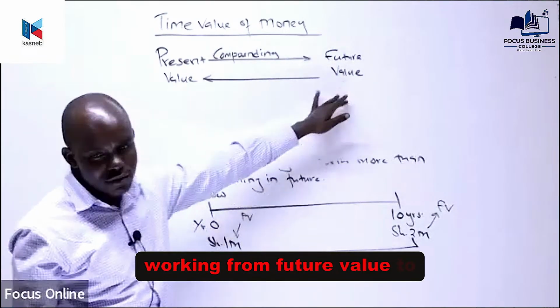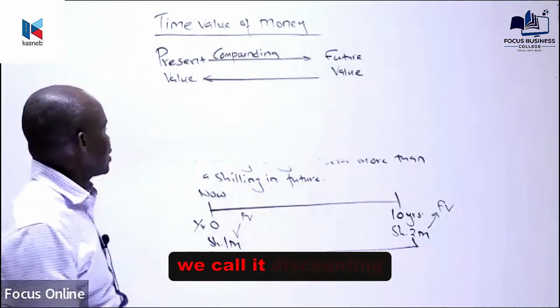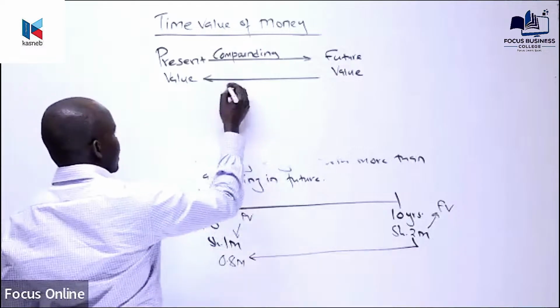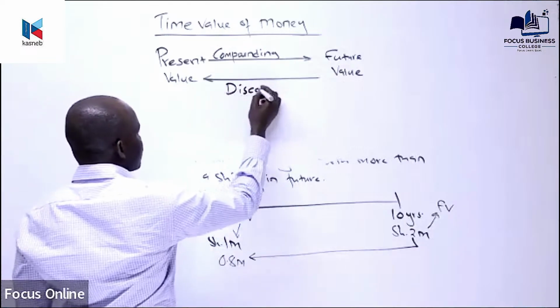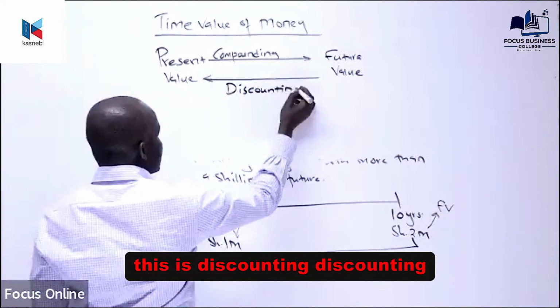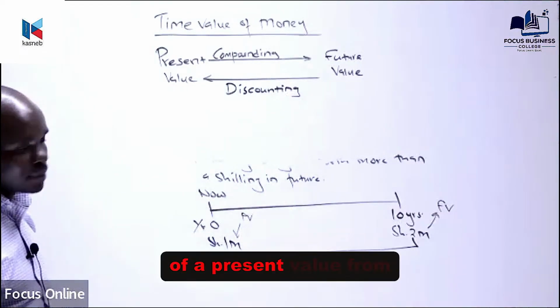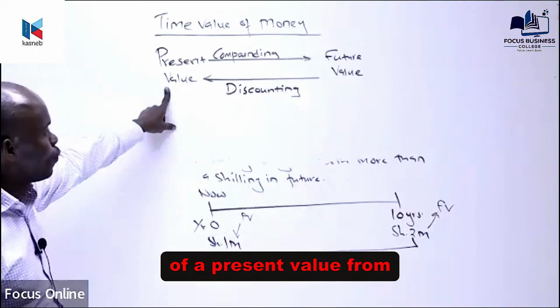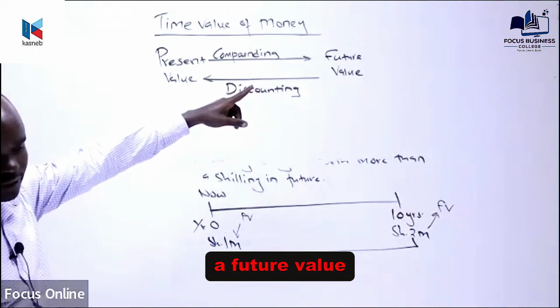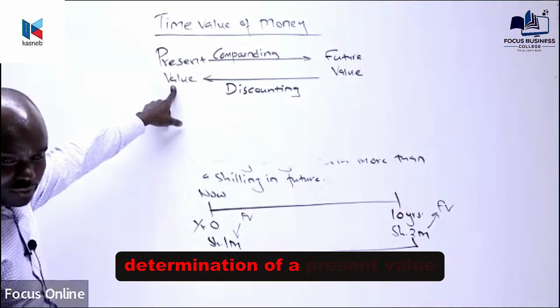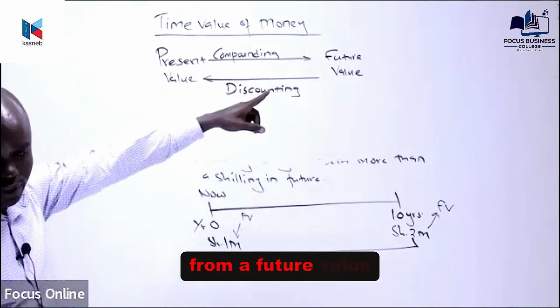From future value to present value, we call it discounting. Discounting is the determination of a present value from a future value.